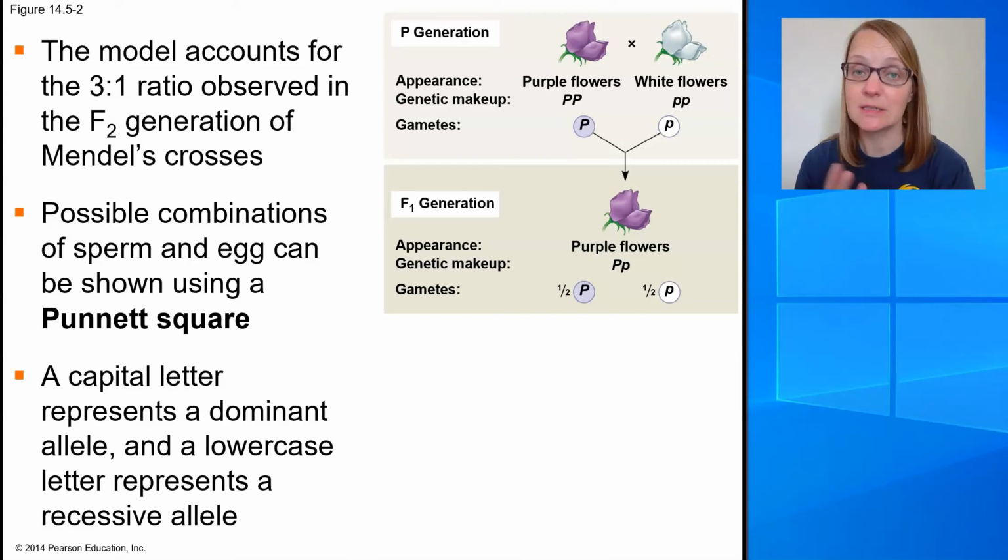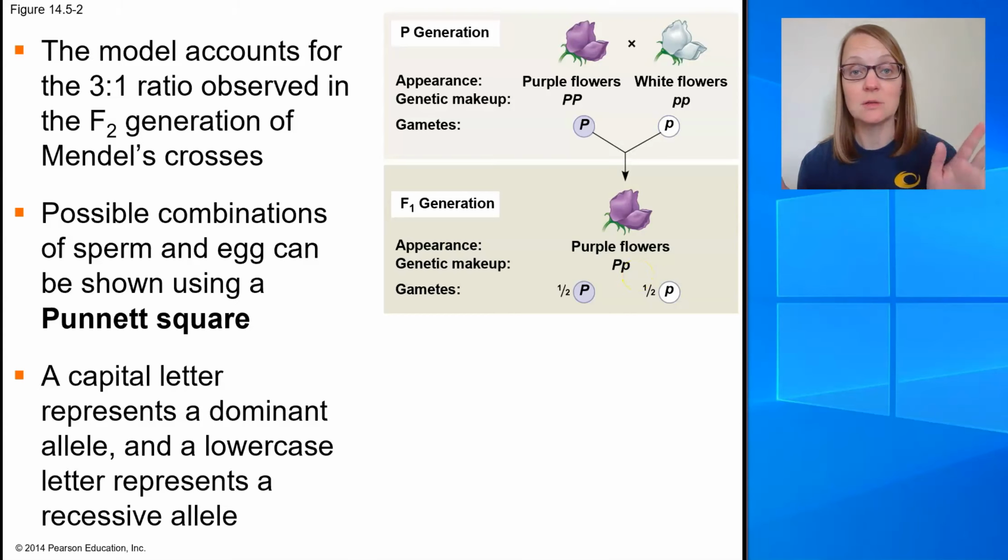Now from here is where it gets a little bit more complicated. If the F1 generation hybrids are going to cross with themselves, they first need to make their gametes, right? Again, remember during meiosis, during gamete formation in plants, you're going to have the separation of homologs.